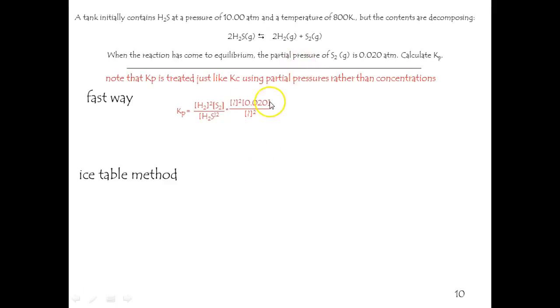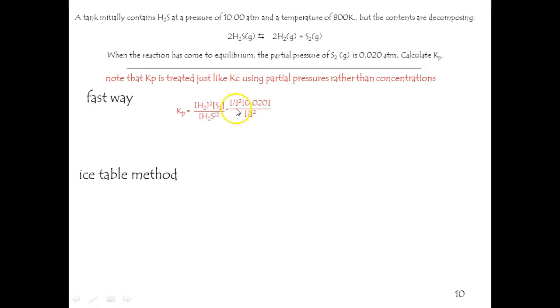The only thing you can plug in is the equilibrium data they give you, and there's only one piece of data, 0.02 atmospheres. A seemingly unsolvable problem, except that stoichiometrically, if the sulfur goes from 0, which it was in the beginning, to 0.02, the other ones are going to go down by twice that amount, since every two of these forms for one of those, and every two of those reacts for one of those.